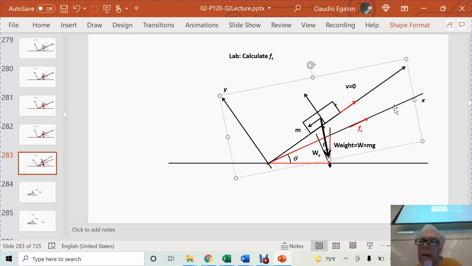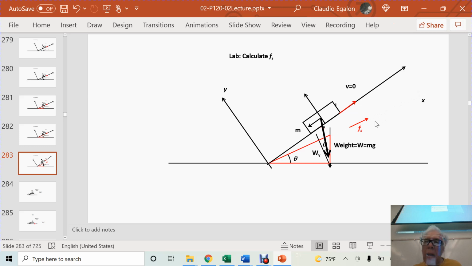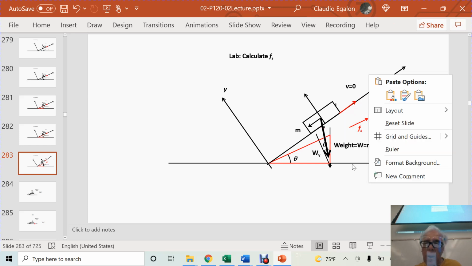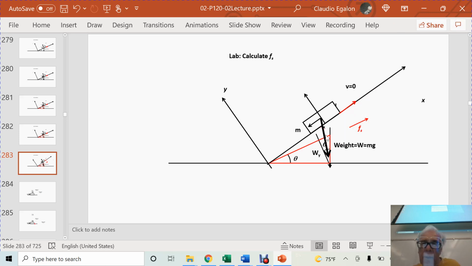Oh, I have another line here. Ah, interesting. Here you go, that's gonna be my F sub S. This one I'm going to move like that.